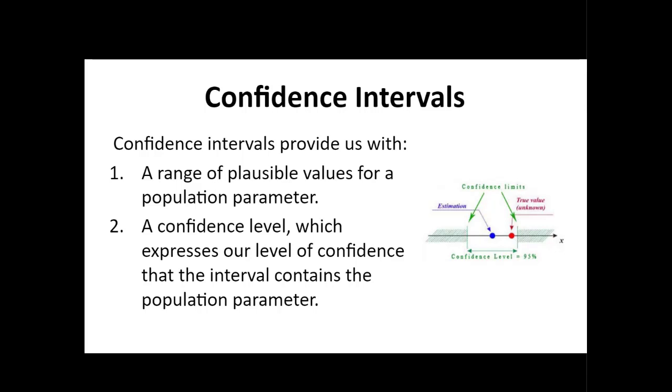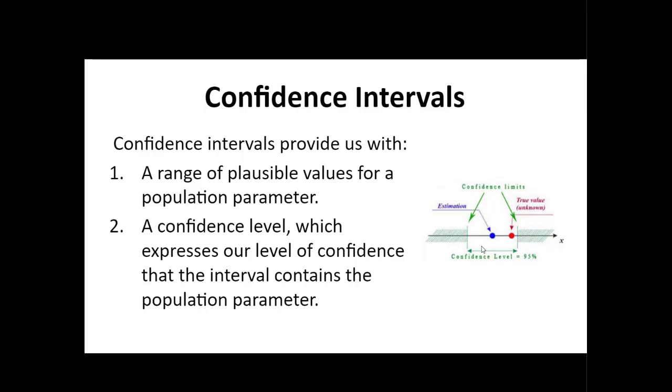In other words, we can say we estimate that the proportion of the population is this blue value. But we want to be truthful in that we understand there's some level of error in this calculation because we didn't have access to everybody in the population.